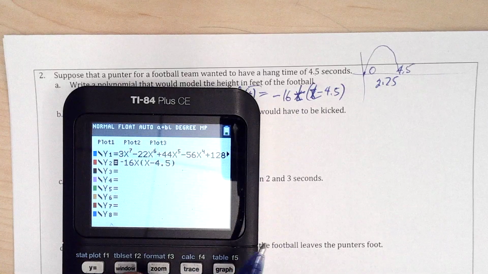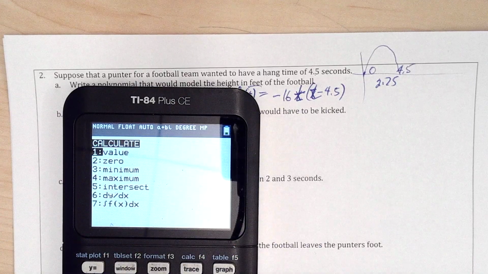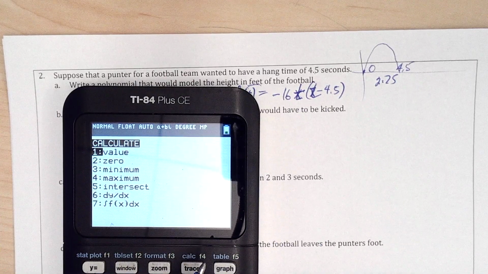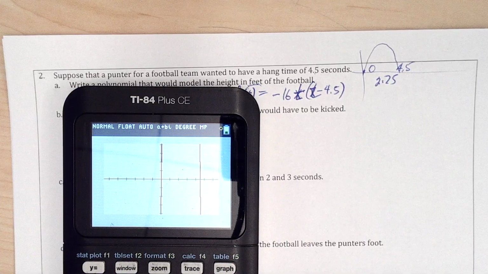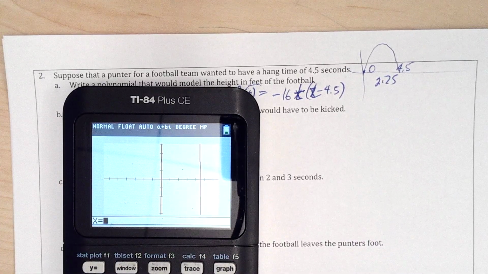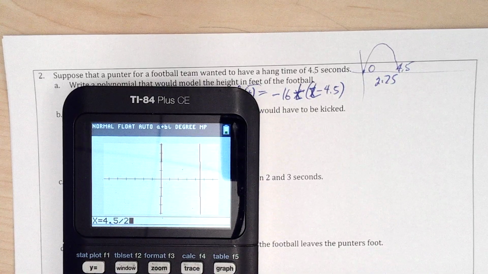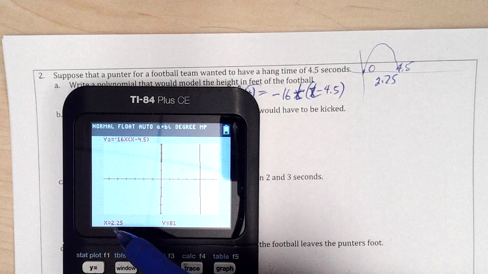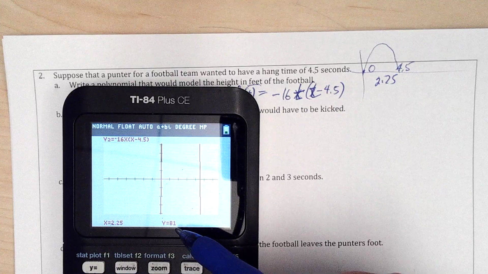I could use the calculate the maximum, but I'm not going to. I'm just going to calculate the value at 2.25, half of 4.5. I could actually write in 4.5 divided by 2 to make sure I use the right number. At 2.25, it's at a height of 81.